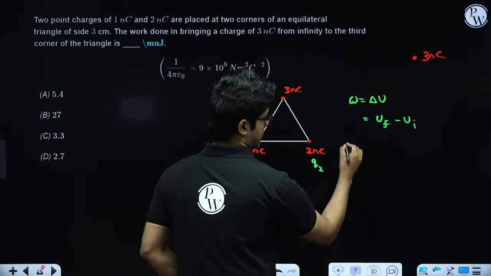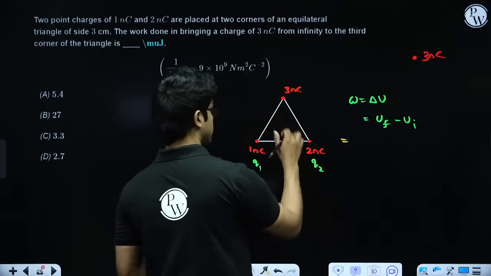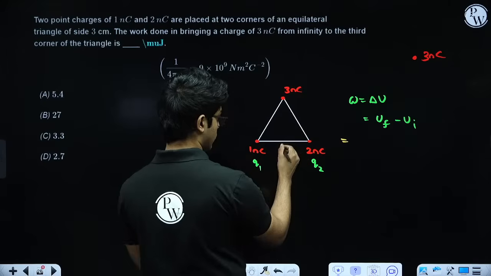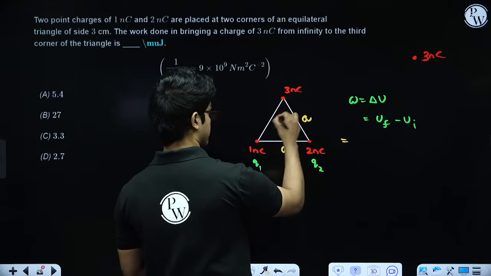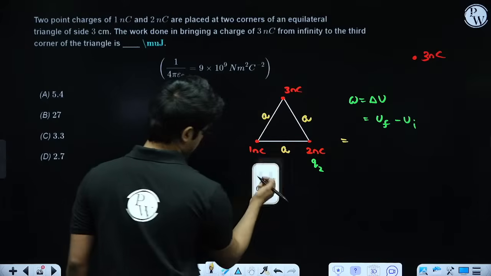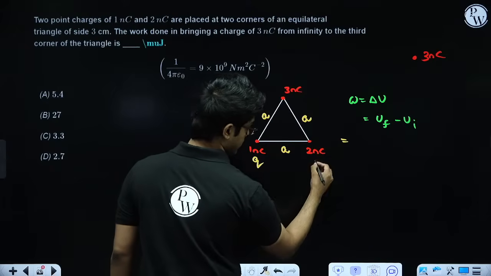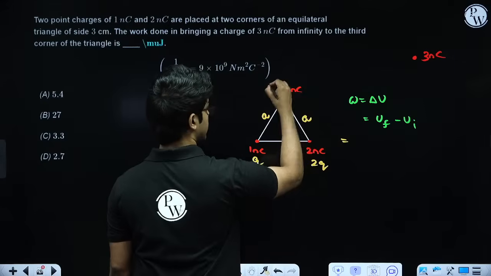So UF would be K Q1 Q2 by R, so this distance we'll take it as A. Okay, so if instead I say this is Q, this is 2Q, and we'll take this as 3Q.